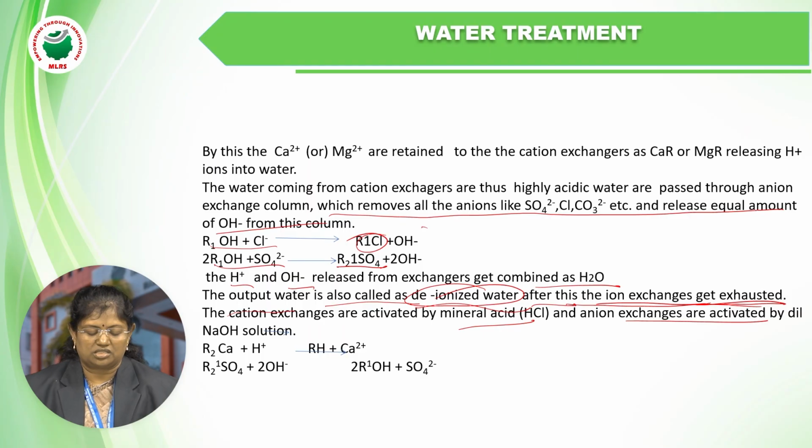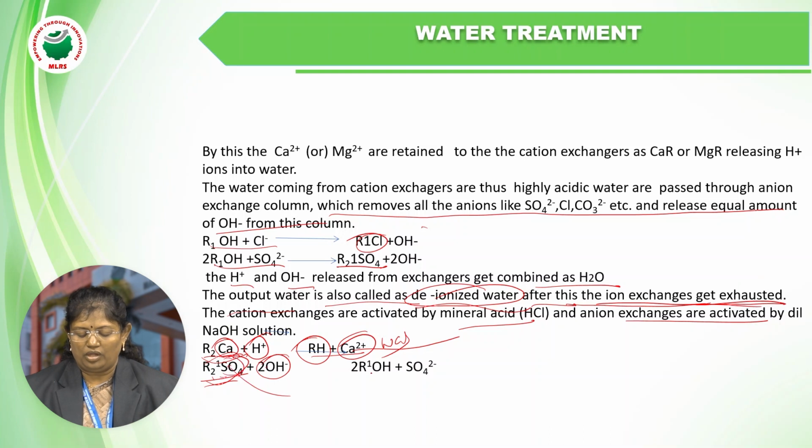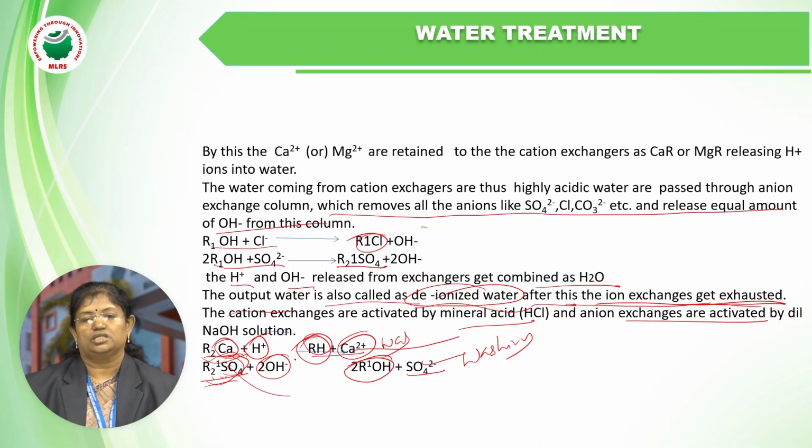Now we can see this. Suppose all the resin is filled with Ca, and it is washed with HCl. What will happen? The Ca will be moved out in the washings, and RH will be there. Similarly, for the R2SO4 anion exchanger, sodium hydroxide is sent, so the sulfate is removed into the washings, and the regenerated forms are ROH and RH.